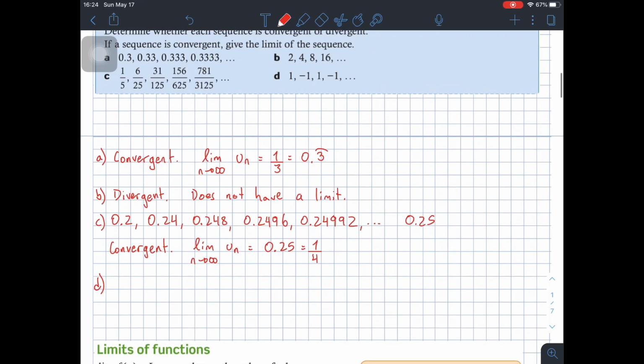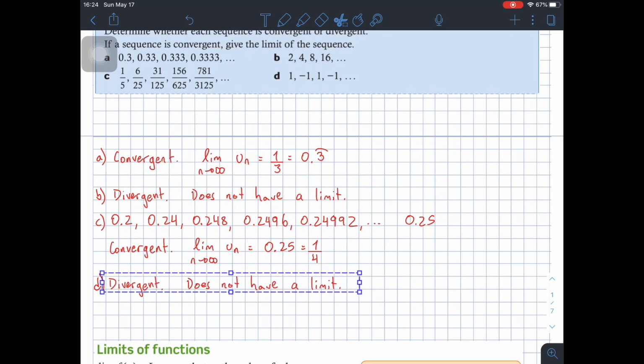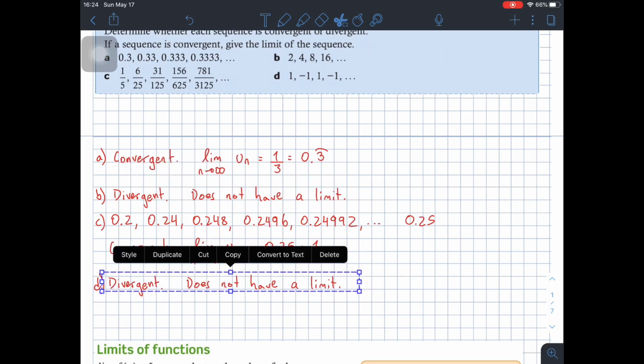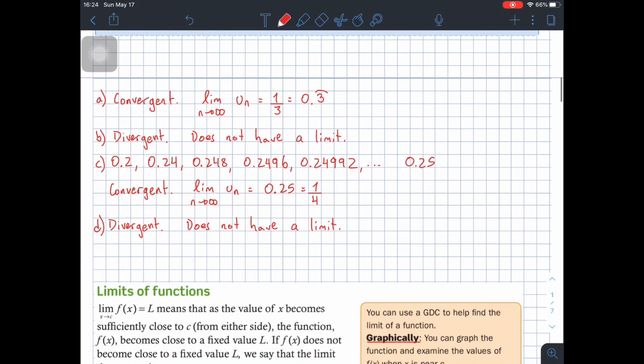So case D is also divergent. So let me copy that. Divergent, and it does not have a limit. Whenever we talk about divergent, it will never have a limit, okay? So if you identify a divergent sequence, you already know that it does not have a limit.